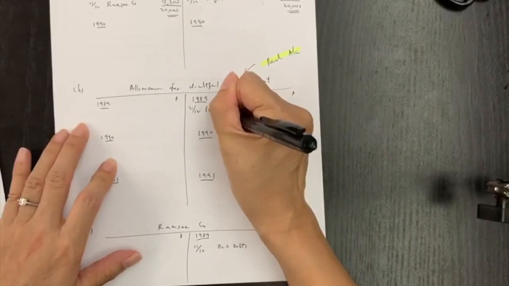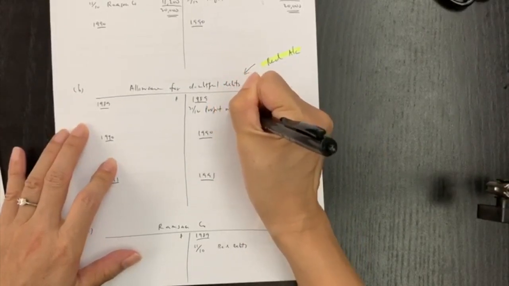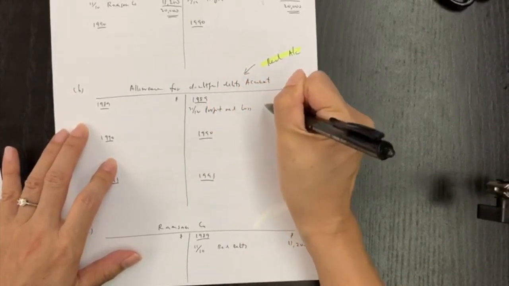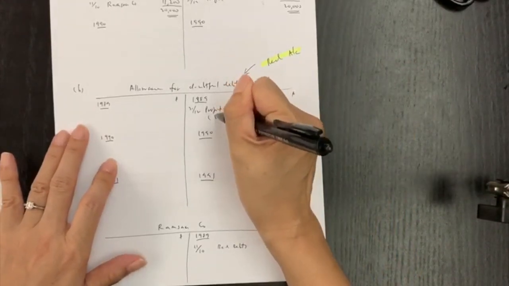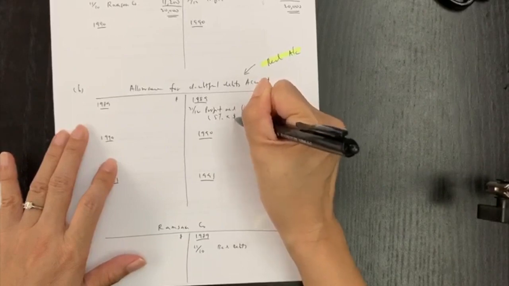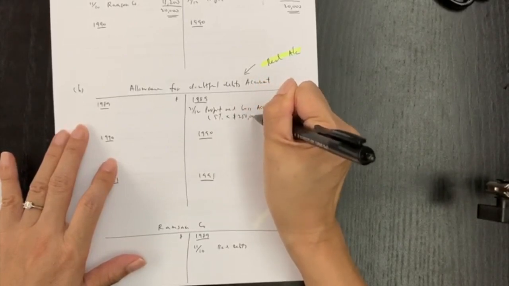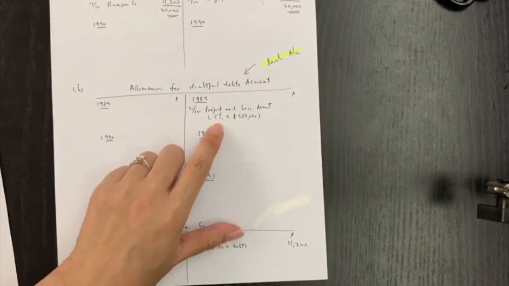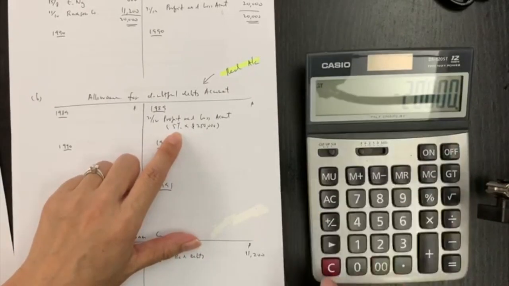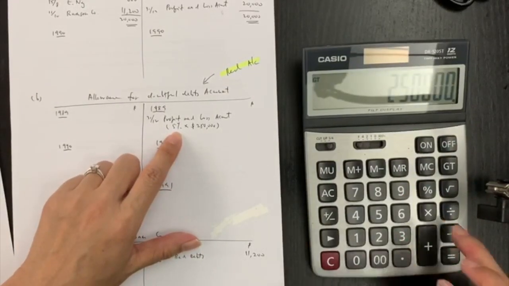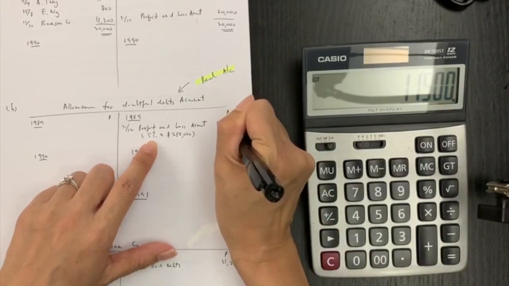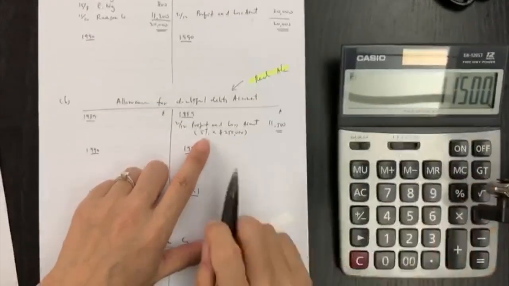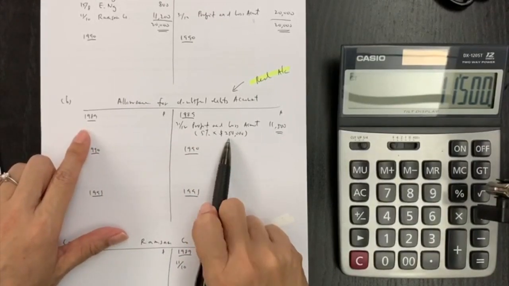Okay, so because of profits and loss account, and the calculation is 5% times trade receivable, which is 250,000. So I use my calculator here. So 250,000 times 0.5, so 11,500. So this is what we have in year 1.